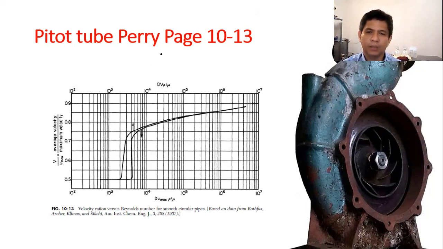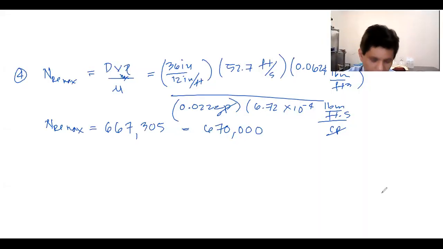Okay, so let me share the whiteboard again. Let's continue. Step number 5: we calculate the average velocity.